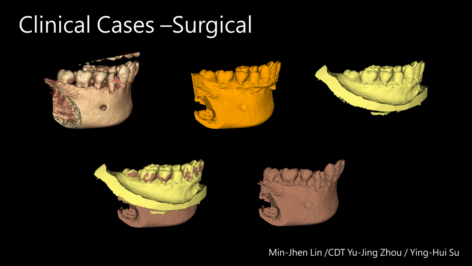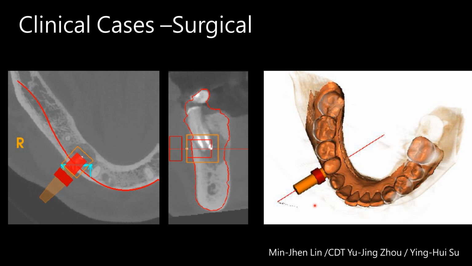Here I took the CBCT image and fused it with the oral scan, the 2 models. I fused them together and formed a model with 2 structures, one from the oral scan, and the bone tissue from the CT scan.